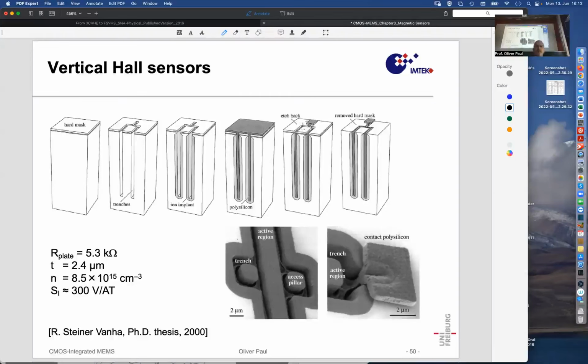And then he could realize, let's say, a contact to this outer region. And that is actually only to define a well-defined conduction channel here in the middle. So this is where the current actually flows. So the region, the access pillar for the current, is through this whitish region.